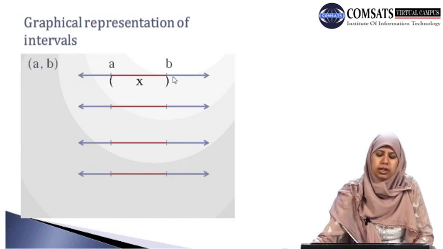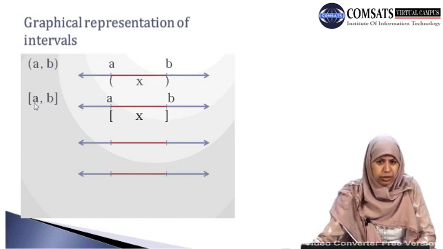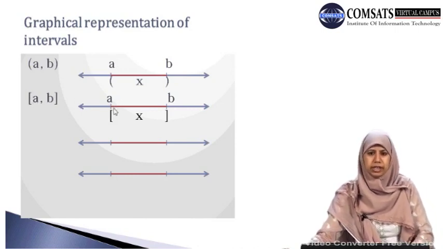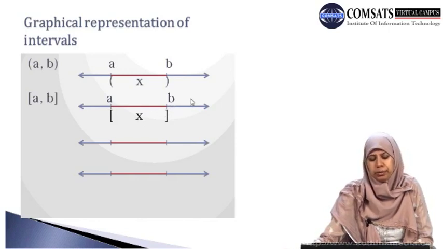If we want to represent our closed interval, which means that we are including our endpoints, you should always immediately think: including endpoints or closed intervals means square brackets, which means that x is greater than or equal to a, including the left endpoint, and at the same time x is less than or equal to b, including our right endpoint.